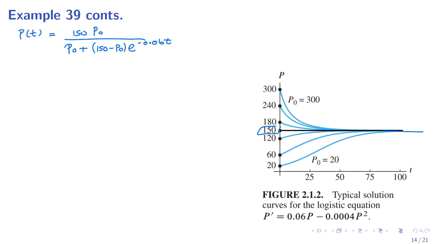So p of t approaches 150, which is actually the value of m, as t approaches infinity. That means the population is not going to grow. It's going to come to a constant value, and that is m.